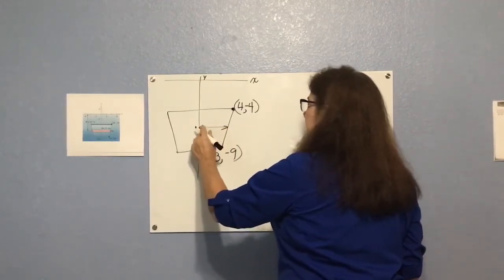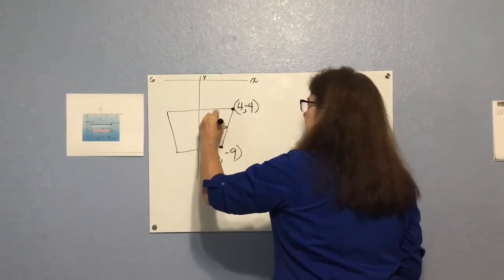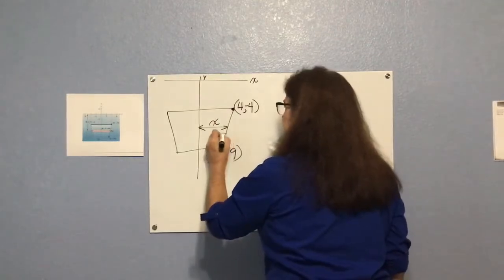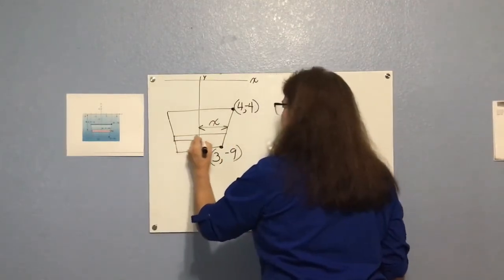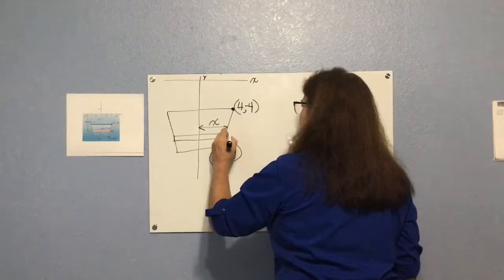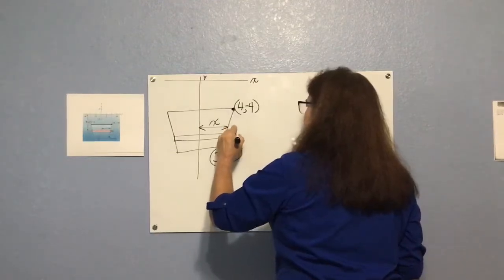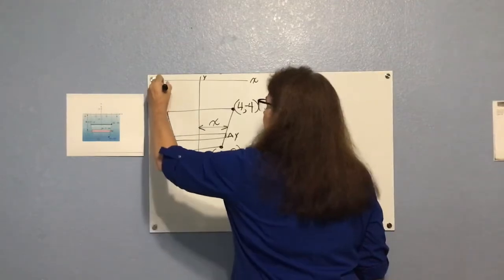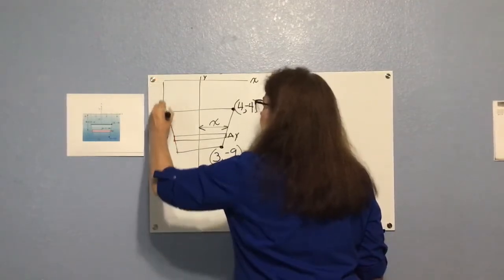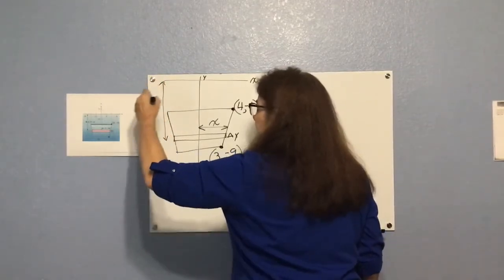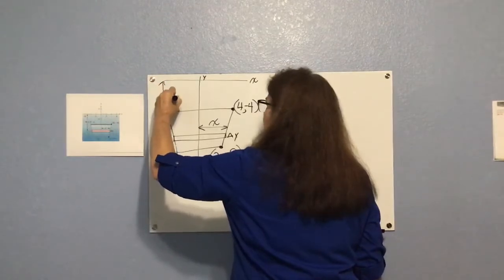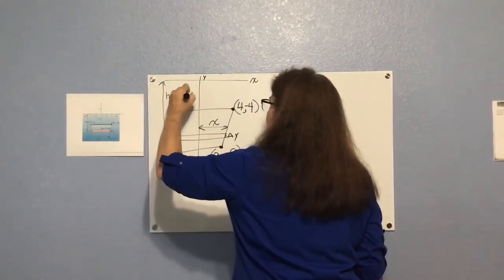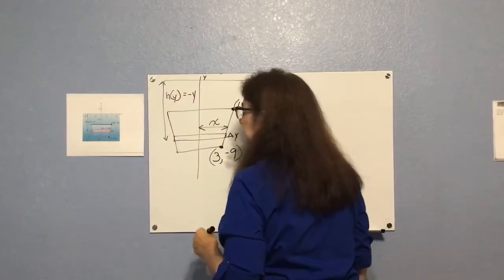So this distance from the middle to the edge is x. Here's my representative rectangle with the width of delta y, and the depth of it is h of y, which is equal to -y.